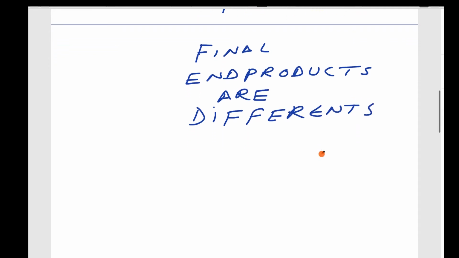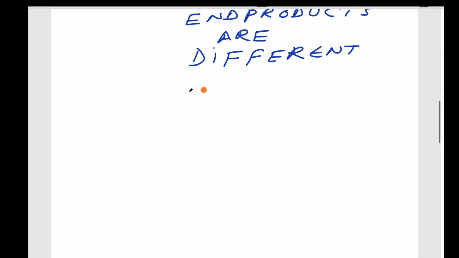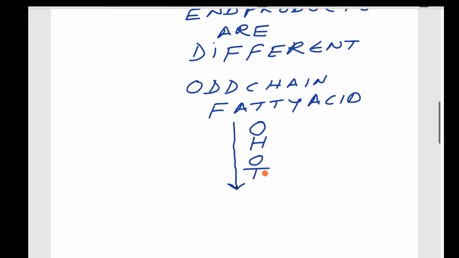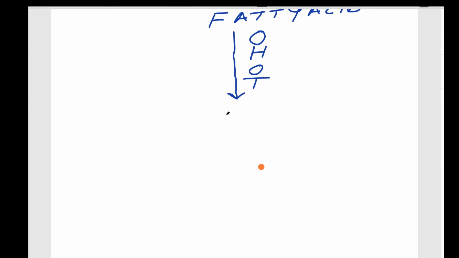Suppose we take an odd chain fatty acid. Beta oxidation takes place: oxidation, hydration, oxidation, thiolytic cleavage. Finally, there will be two end products.